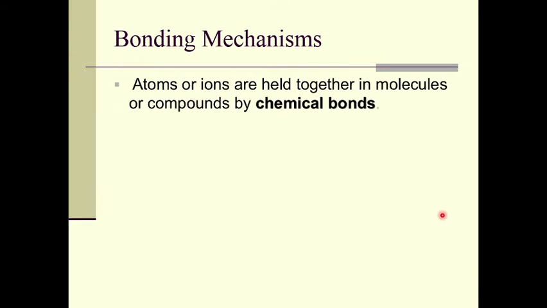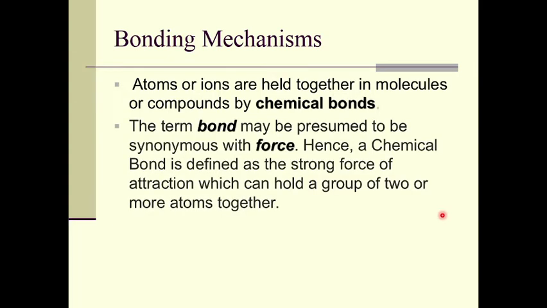So atoms or ions are held together in molecules or compounds by chemical bonds. So chemical bonds hold together the different atoms or ions in the molecule. The term bond may be presumed to be synonymous with force.